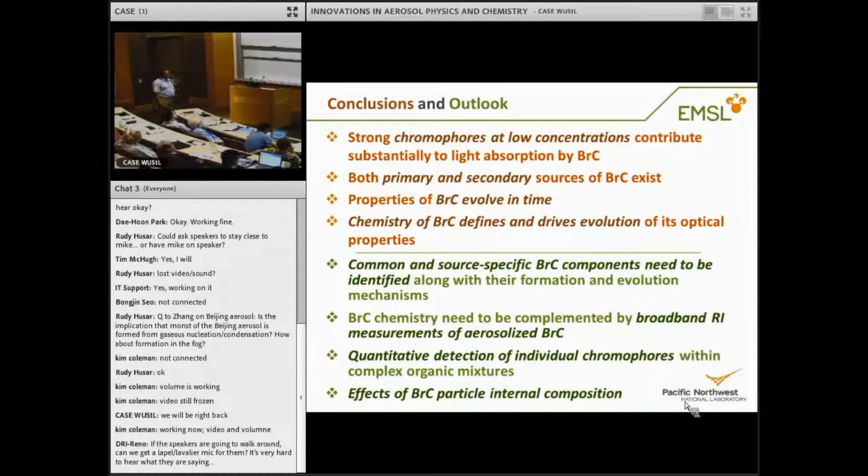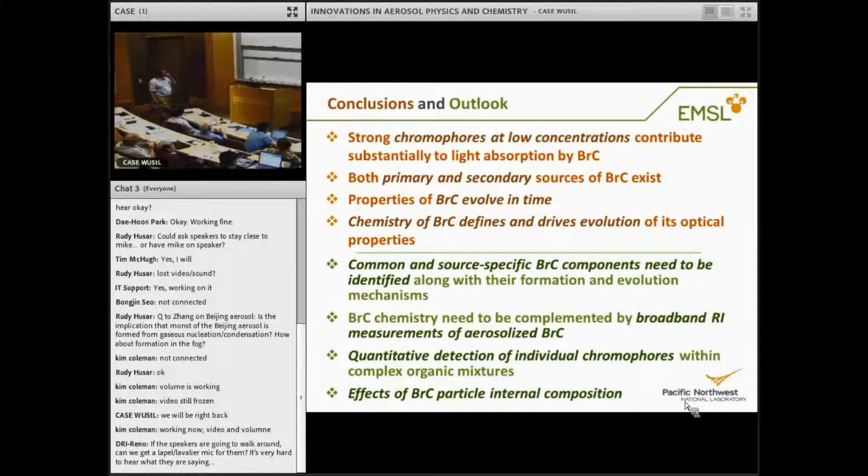All that we showed here is laboratory measurements, with absorption spectroscopy and correlation with mass spectrometry. But the aerosolized material needs to be measured, and the optical properties of this material need to be measured in its atmospheric state, like in aerosols.